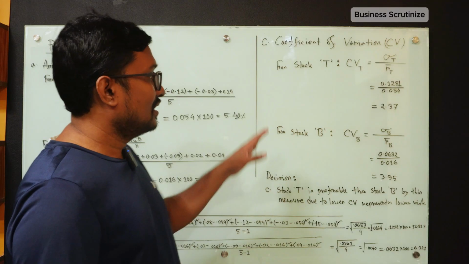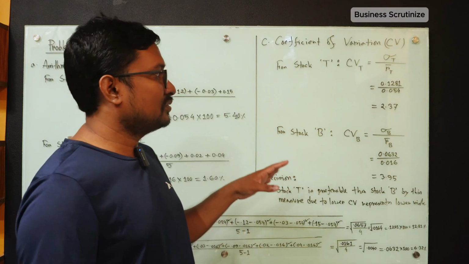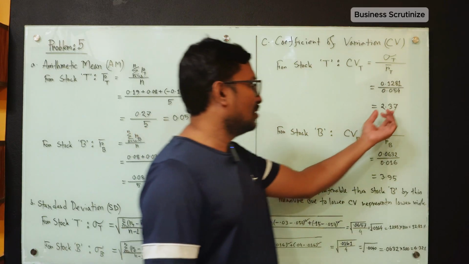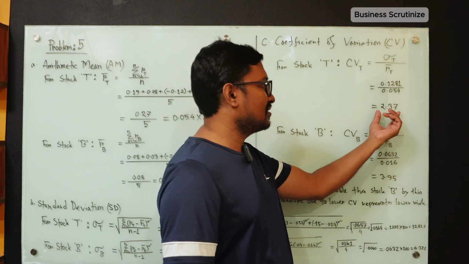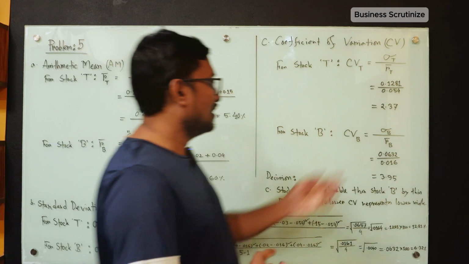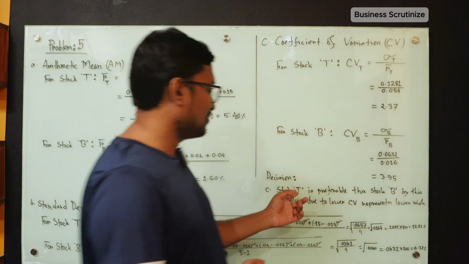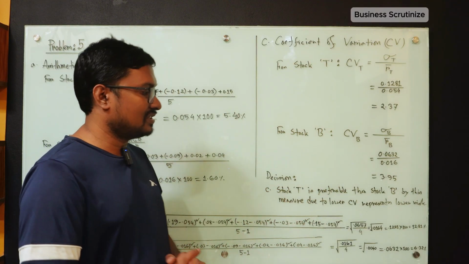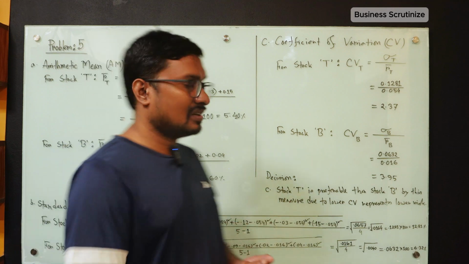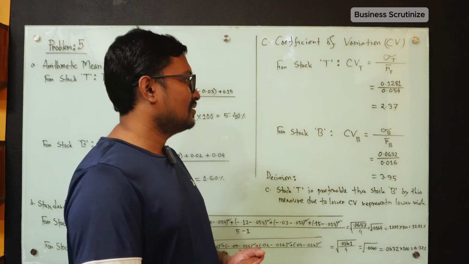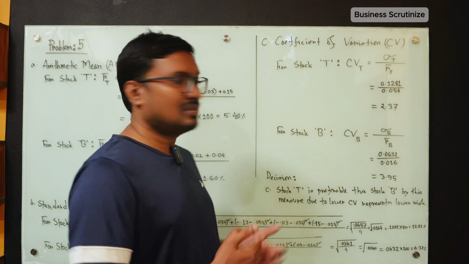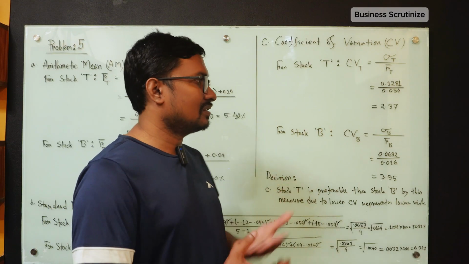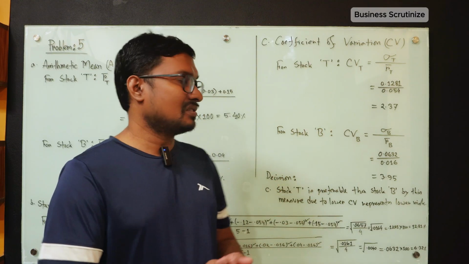So this measure shows that stock T is preferable because it has a lower coefficient of variation. So we can conclude that stock T is preferable to stock B by this measure due to the lower CV, which represents lower risk. And as you know, for the investor, if it is lower risk, then they go for making the investment decision.